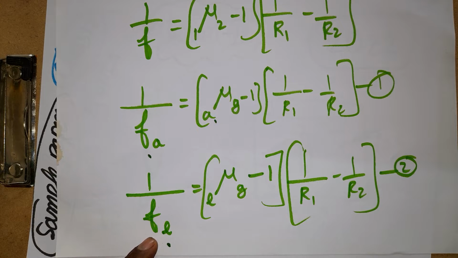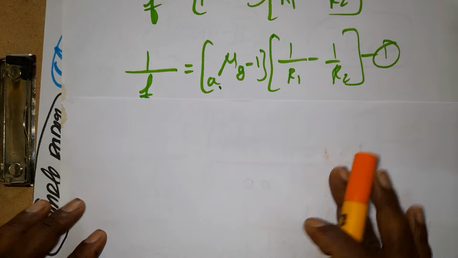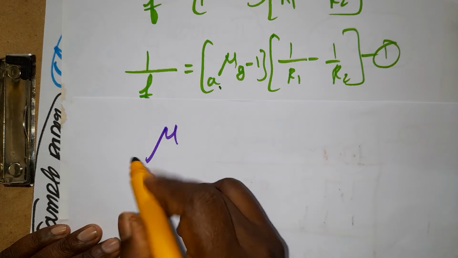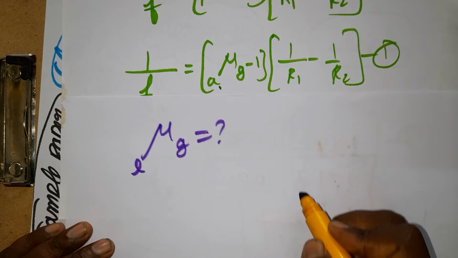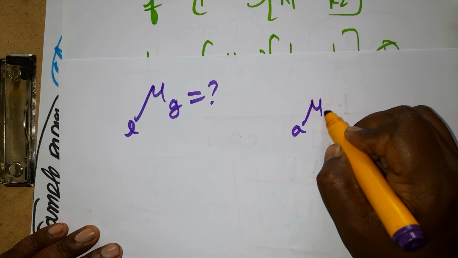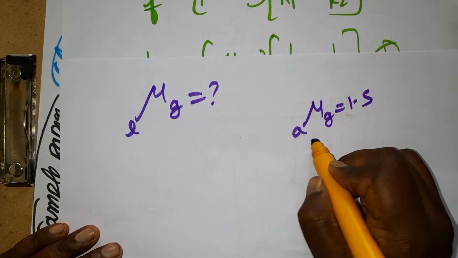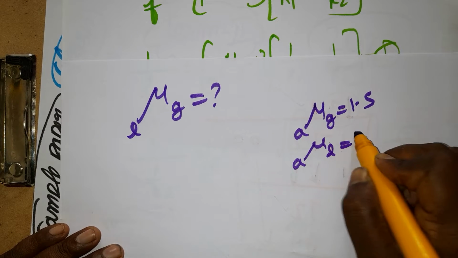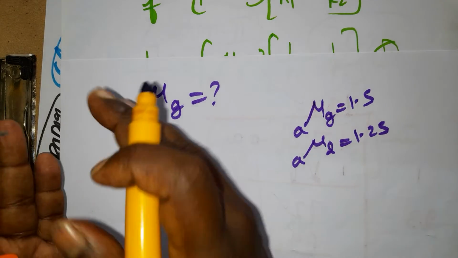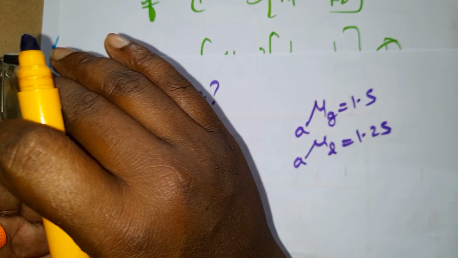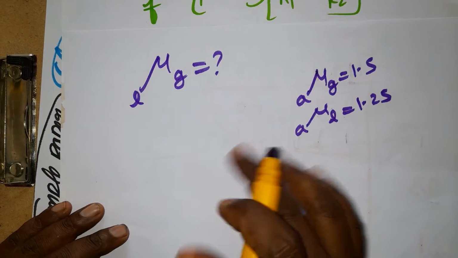First we will find the refractive index when the light is traveling from liquid to glass. This only we have to find first. Refractive index of air to glass is 1.5, refractive index of air to liquid is given as 1.25. Now liquid to glass, we have to find, because when the lens is inserted inside the liquid, the light is traveling from liquid to glass.